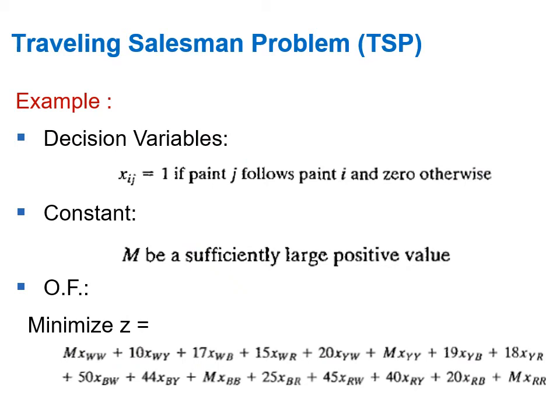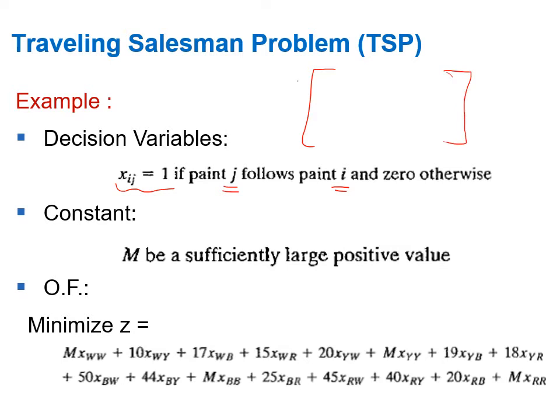So for this problem, let's write the formulation in open form so that you can understand it better. As I said, in this version of the problem, we define our xij to be a binary variable if we shift from paint I to paint j. And remember our matrix, which shows us the cleanup time.